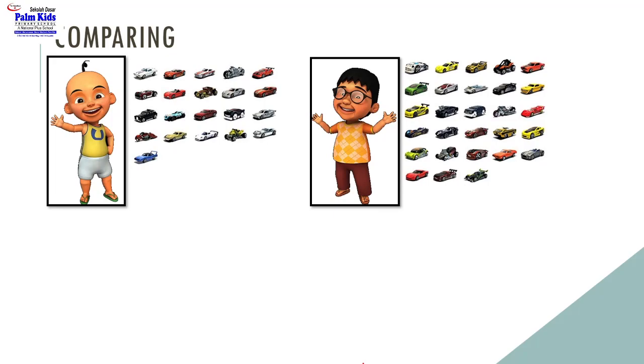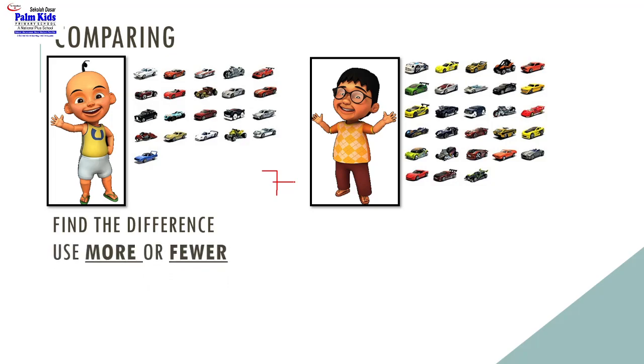Now we have comparing. How do you compare from one person to another person? We use the example of Upin and Ehsan. First you have to find the difference, which we know is 7. Then you use more or fewer.